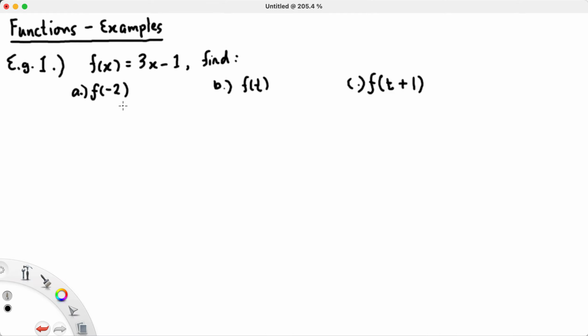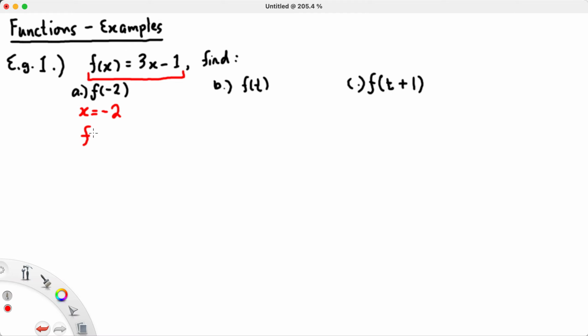To start with, we call this evaluation of functions, and what we're going to do is evaluate the given values of x. For letter A, we're going to let x be -2. Given this function, we substitute all the values of x on the right-hand side with -2 and see what we have.